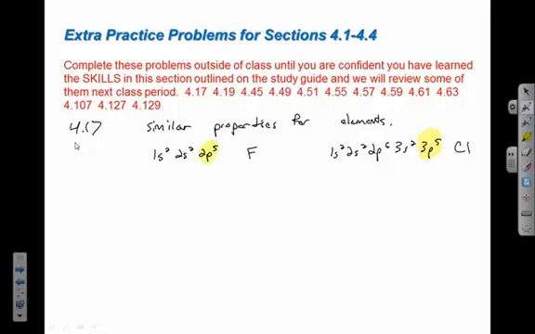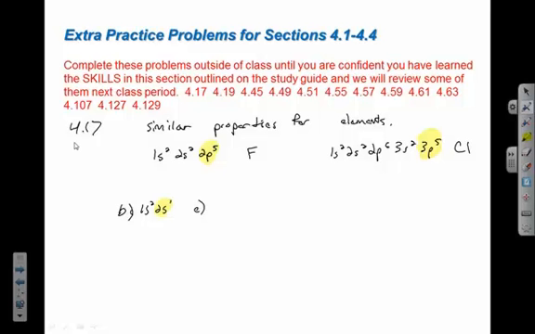So if I see anything where the outer energy level has the same number of electrons and the same type of subshell, they should have similar properties. So I can match up B and E. Because B has a 1s2, 2s1, so it has 1 electron in an s subshell.